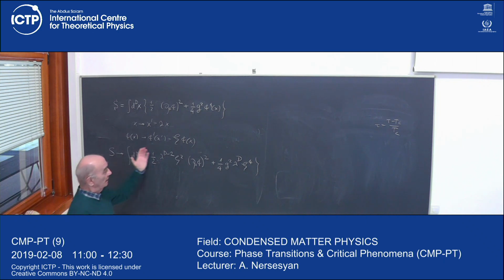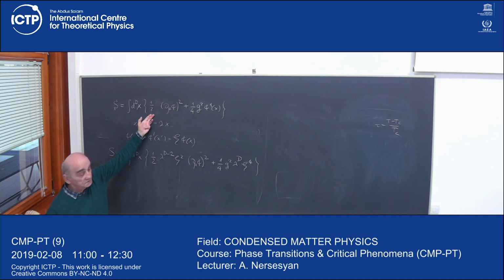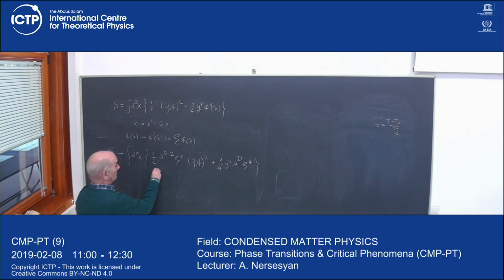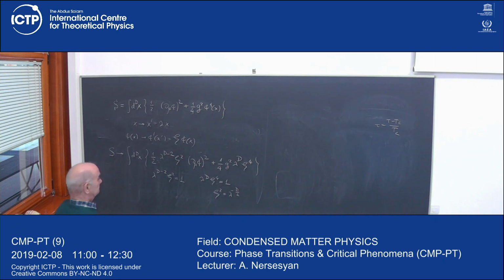Now the question is, when this construction is identical to what we have started from. Two conditions must be satisfied. Lambda to the power d minus 2 zeta squared must be equal to 1. And secondly, lambda to the power of d zeta^4 must be equal to 1. So from here we conclude that zeta squared is lambda to the power minus d divided by 2.